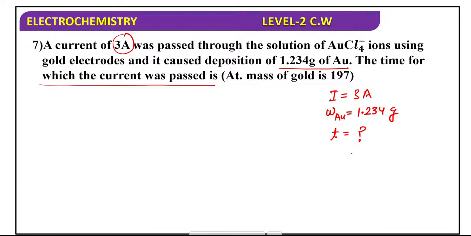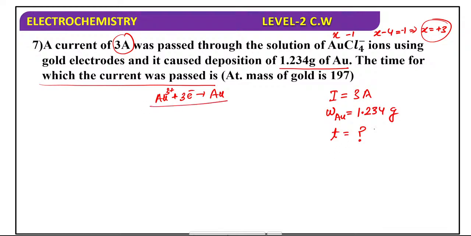And you know, in AuCl4 negative, what is the charge on the gold? It is +3, means Au3 plus will gain 3 electrons to give Au, right?